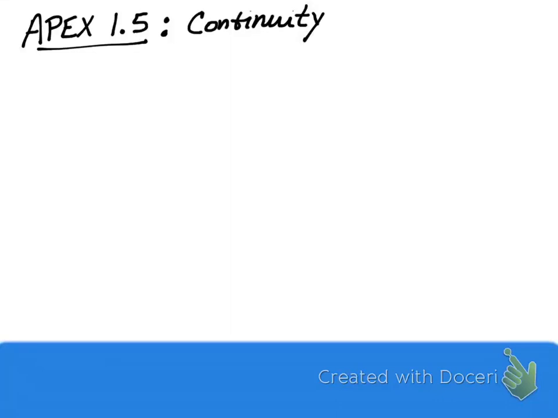In this lesson, we are going to talk about continuity, and a very common way to think about continuity is that you can draw the graph without picking up your pencil.